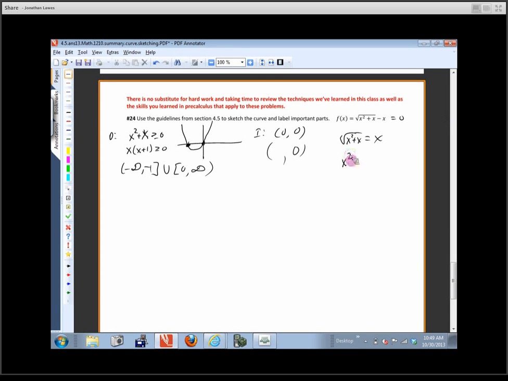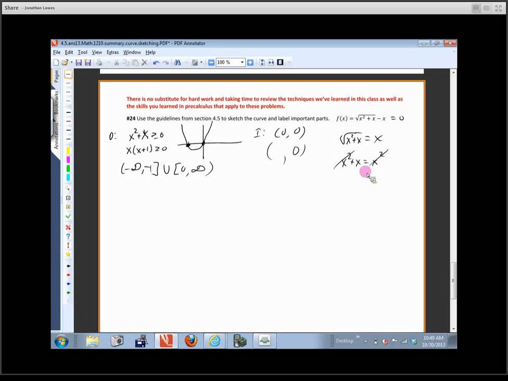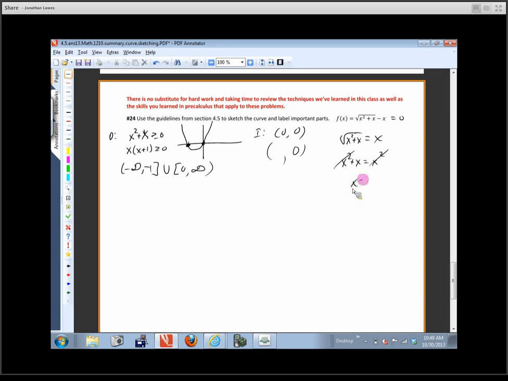So that's going to give me x squared plus x equals x squared. There's an x squared on both sides, so this would be 0. So the only x-intercept is 0, which happens to be the y-intercept. So this only hits the x or y-axis in one place. It only hits at the origin.